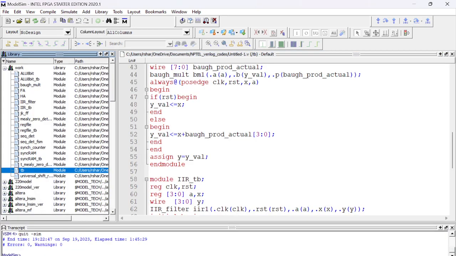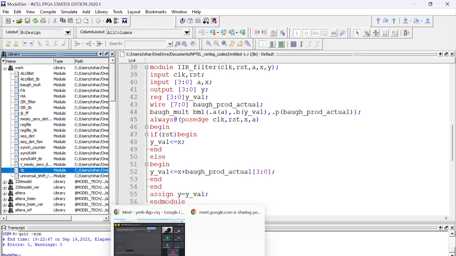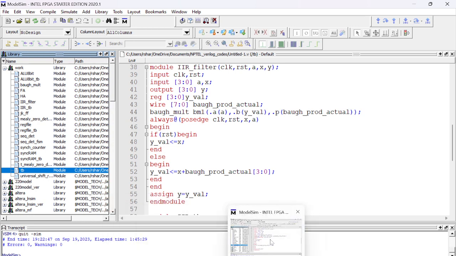What about $monitor, madam? Yes, $monitor will also be used for display. $time is for displaying the time of execution.